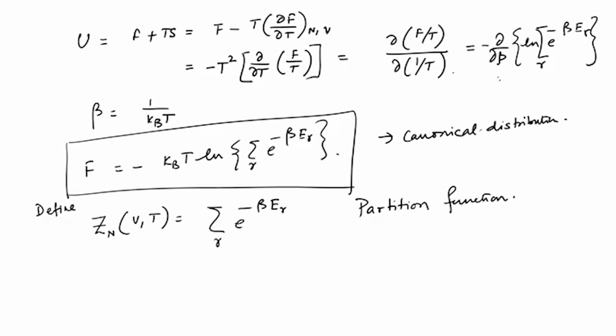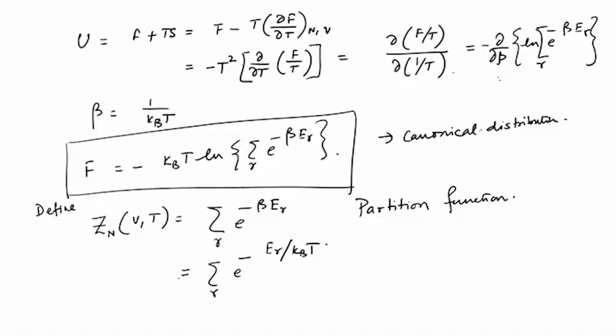So, this is nothing but the sum over R of e to the power minus ER over kT, and the free energy is obtained from this. Once you obtain the free energy, you can obtain a number of thermodynamic quantities.